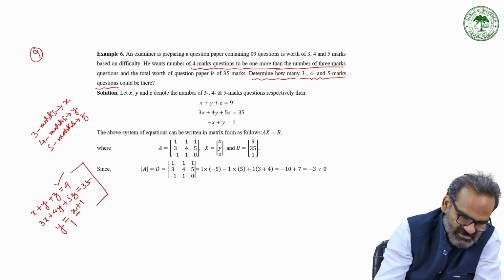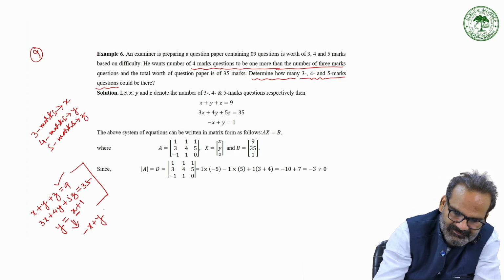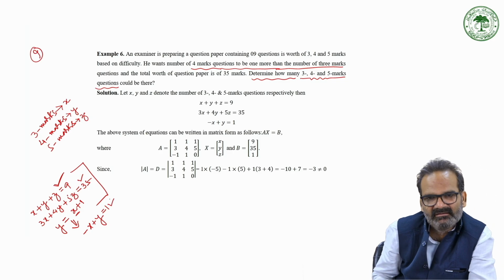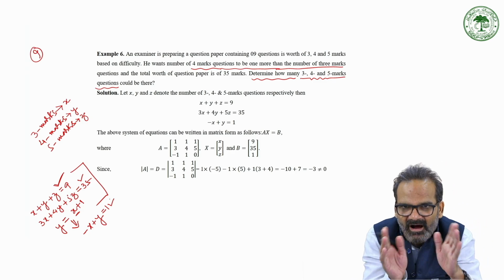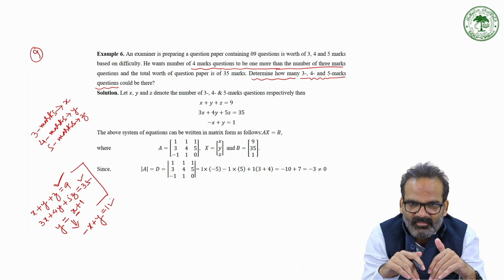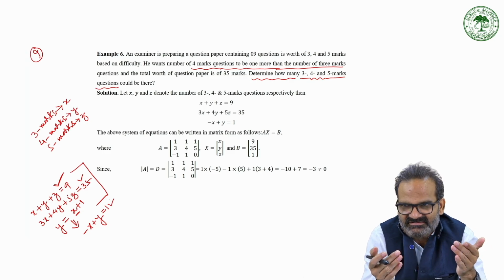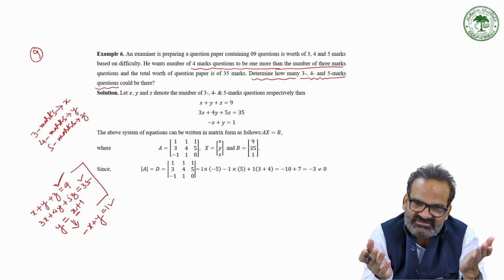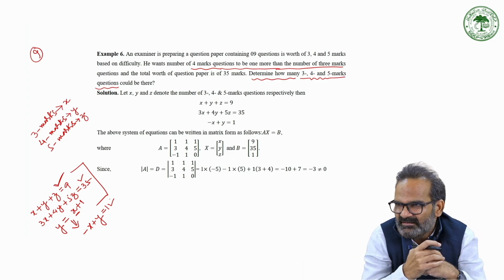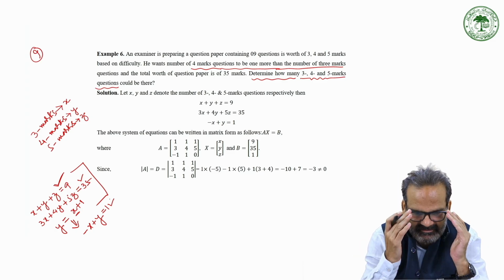Now this equation number 2 can be written as minus x plus y, this is equals to 1. So this is equation number 1, this is equation number 2, and this is equation number 3. So this is how we can transform a word problem to the mathematical equations, right? And once the equations are obtained, then we can very easily use the method to find out its solution.